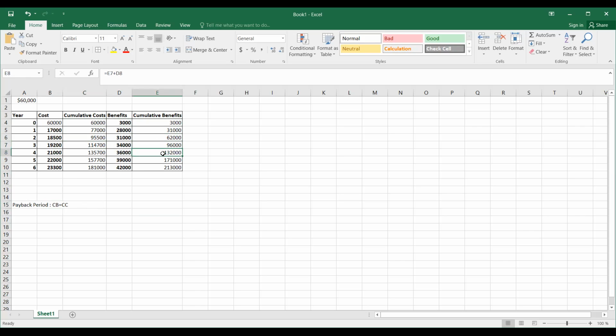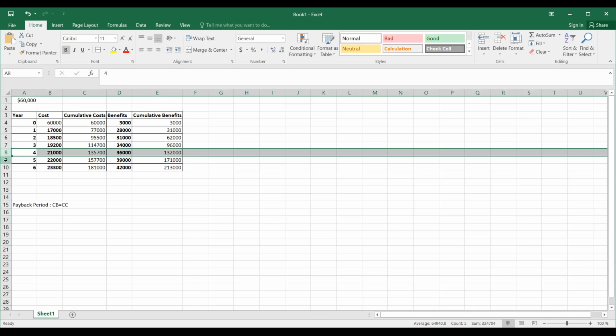In the 4th year, you have 132,000 as your cumulative benefits and 135,700 as your cumulative costs, still short by about $3,500. That means the 4th year is not the meeting point.